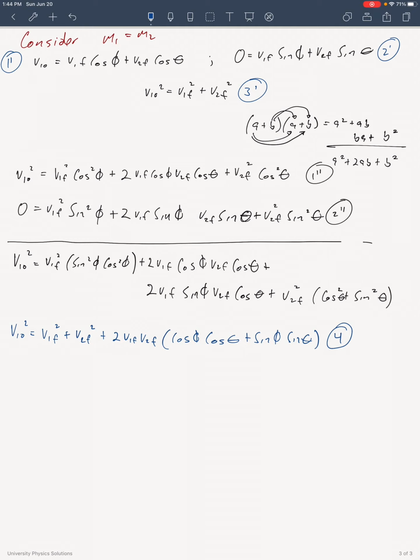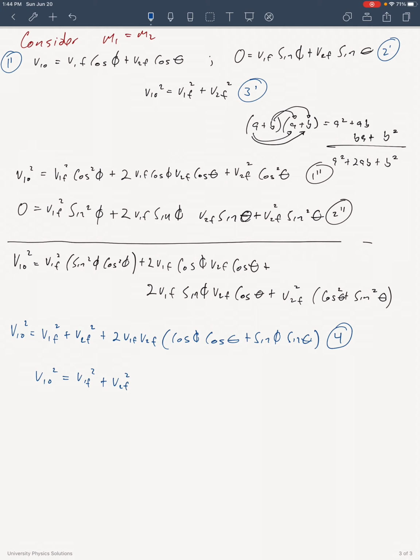And now let's write down equation 1 again. Equation 3. So equation 3 said b1 0 squared is equal to b1 final squared plus b2 final squared.